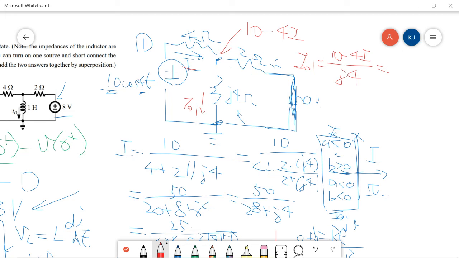which you can calculate to be 3 plus j over J4, and finally it will become 1 minus J3 over 4.